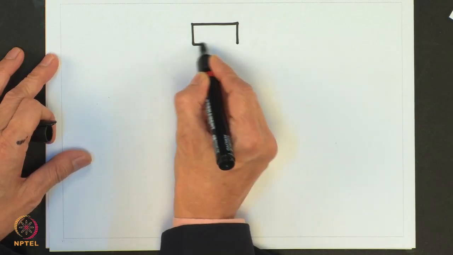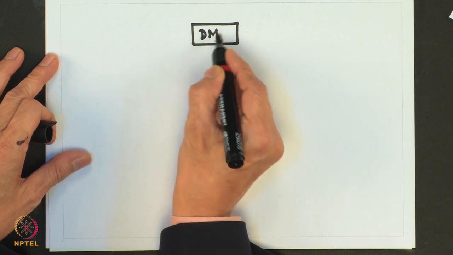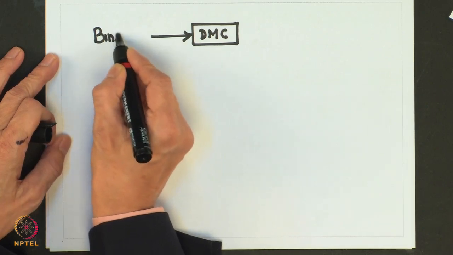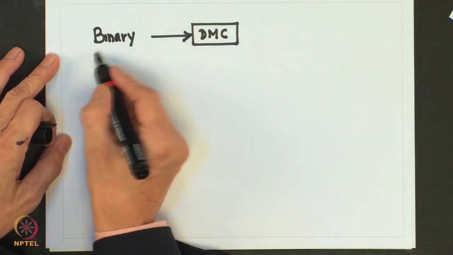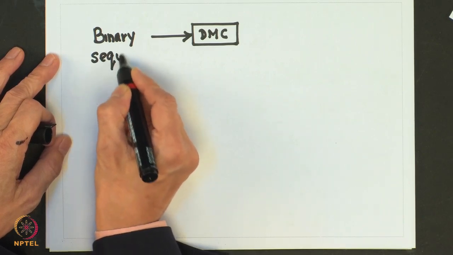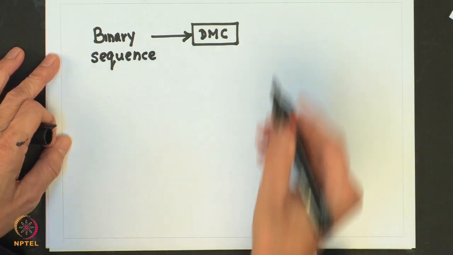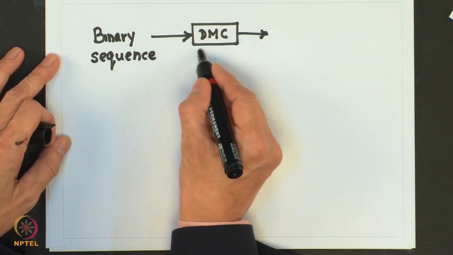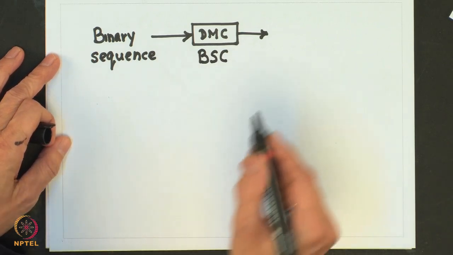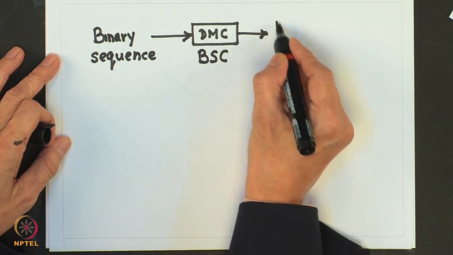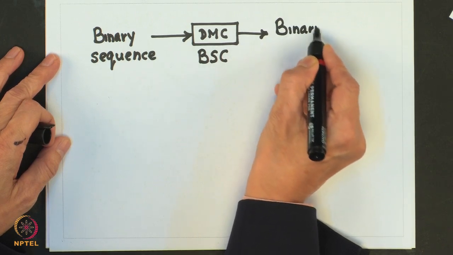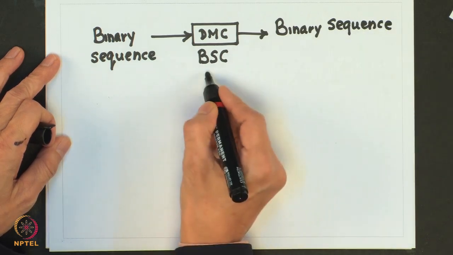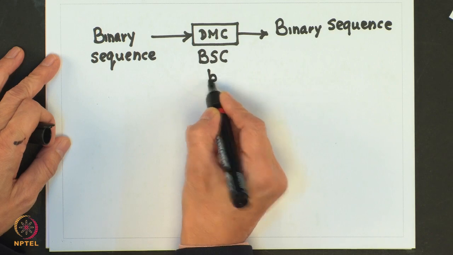So, given a discrete memoryless source with the input as a binary source, that means I have a binary sequence here, and let us consider this discrete memoryless channel to be a binary symmetric channel. So, the output will also be a binary stream, and let us assume that the crossover probability is p.